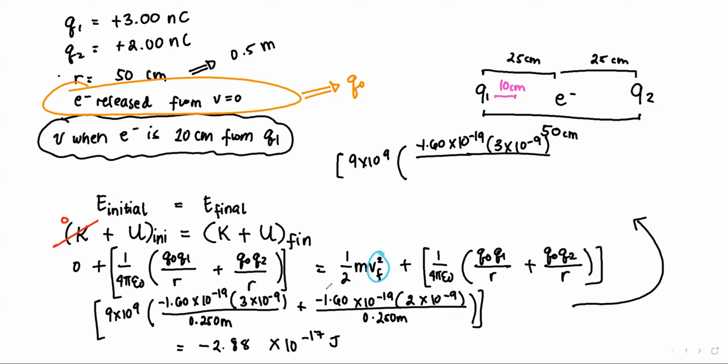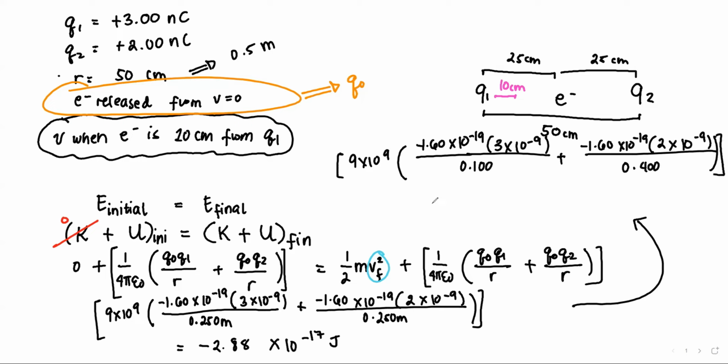The final one is not 0.25 anymore because your electron would be moving. In this case, it has to do with your Q1. Remember the question, what is the final speed when your electron is only 10 cm from your Q1? So instead of 0.25, that's just going to be 0.1 m. Plus, same thing here. If it's 0.1 m, the other one must be 0.4. So that's negative 1.6 times 10 raised to negative 19, multiplied to 2 times 10 raised to negative 9, divided by 0.4.